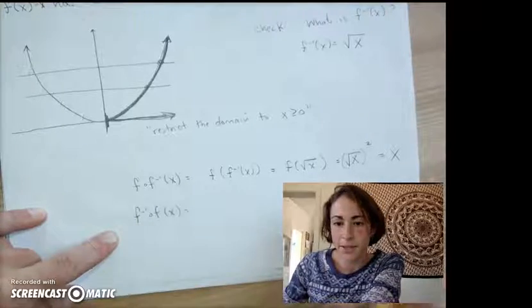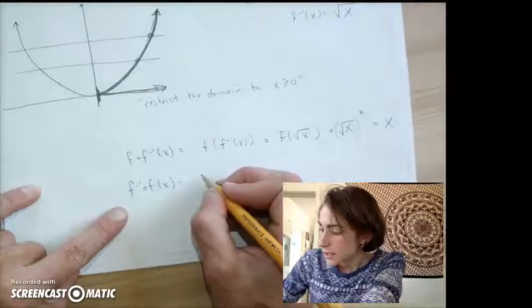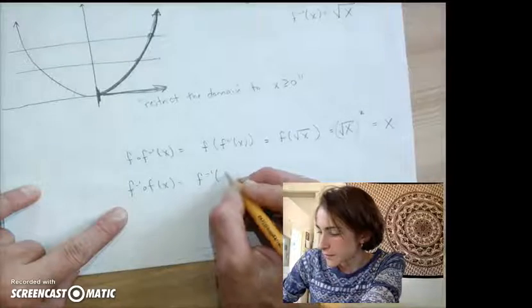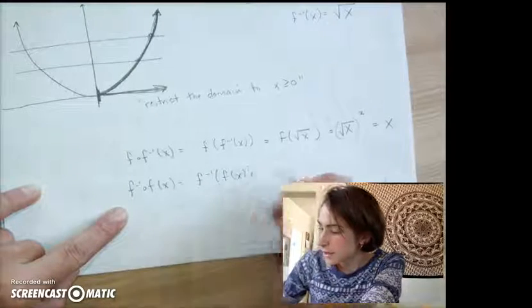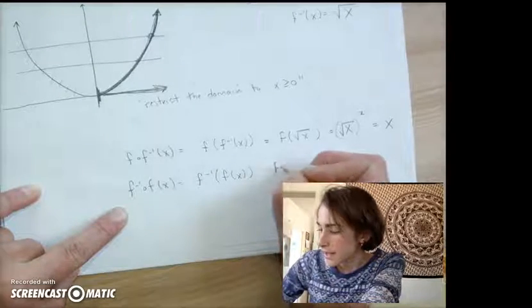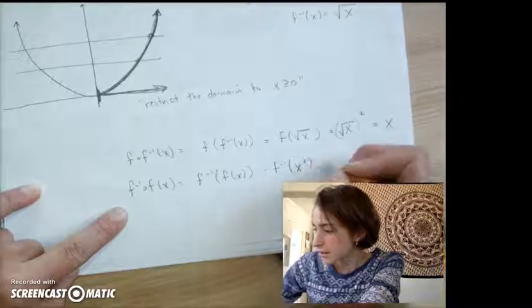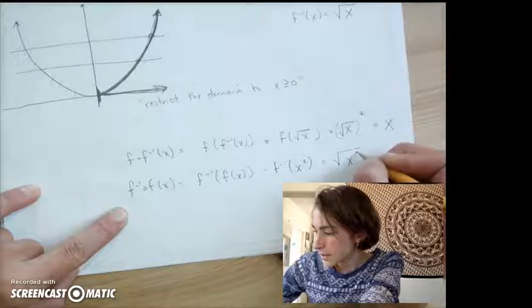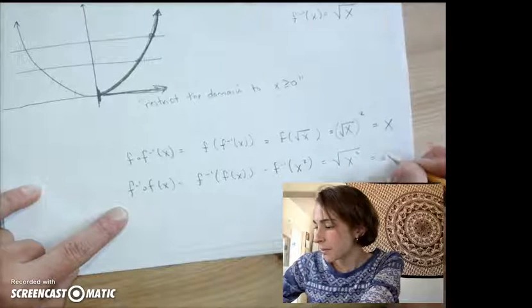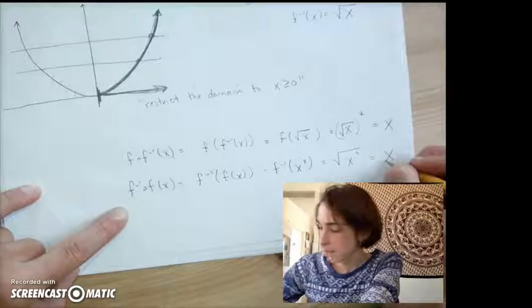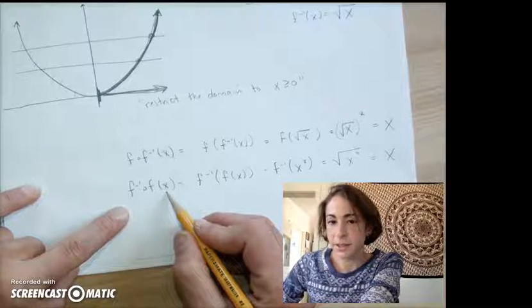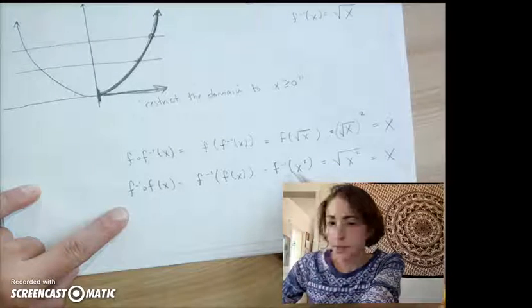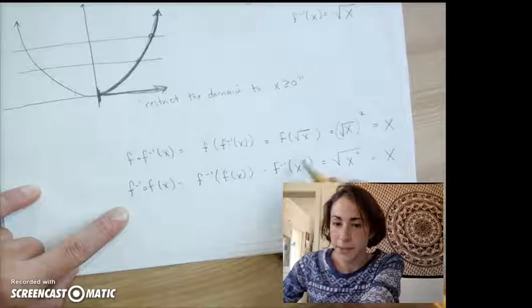There's no ambiguity. Now if I do f inverse of f of x, then I'm going to do f inverse of x squared, which is to take the square root of x squared, and we know that we'll get x back, but x was positive in the first place, so there's no ambiguity after we've squared it that we'd get a positive thing.